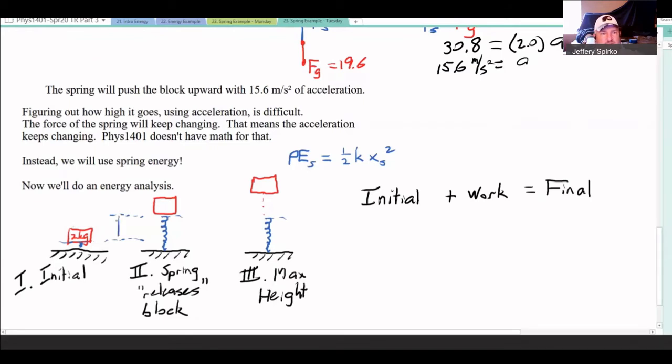So this is 18 centimeters, and this I'm going to call h.